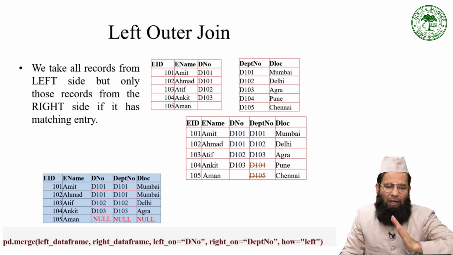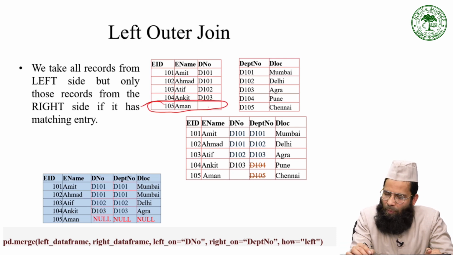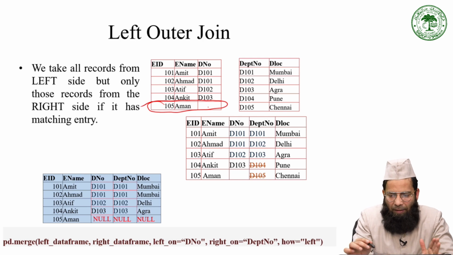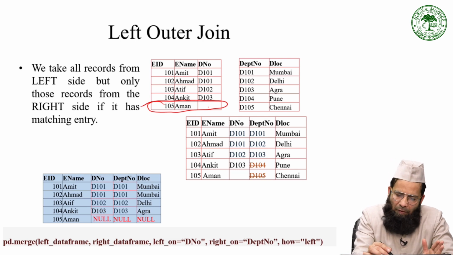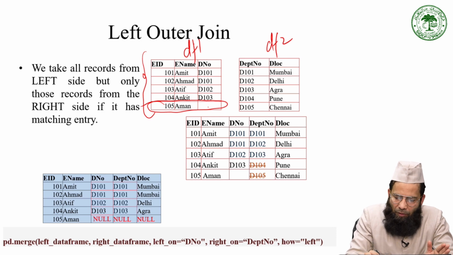And what about the left outer join? In this case you can observe there is no matching row for this particular record. So what would happen in case of left outer join? Left outer join would contain all the records of df1, the data frame in the left part, and you can observe that in the final result.